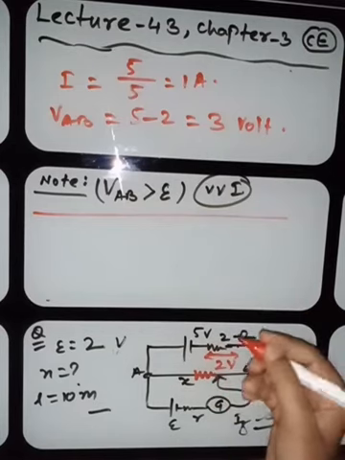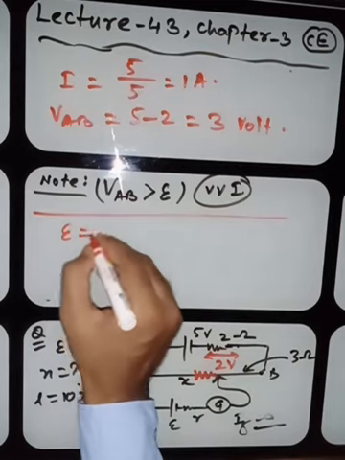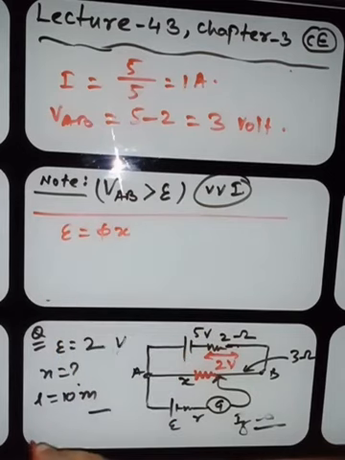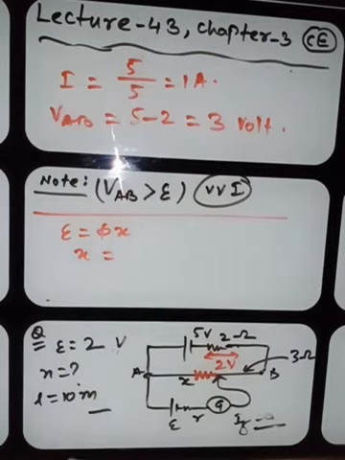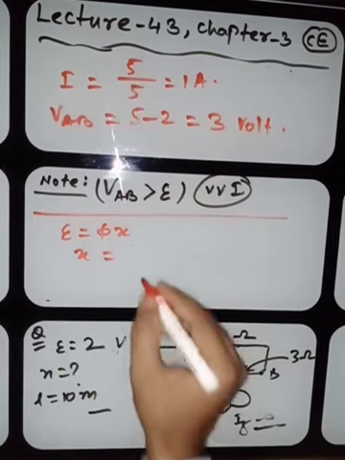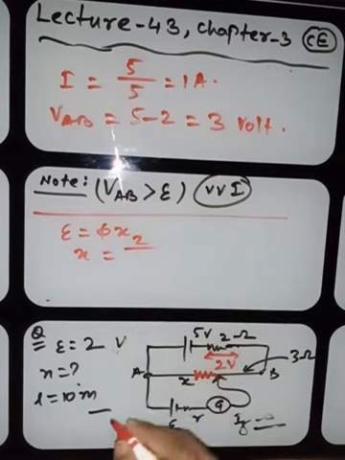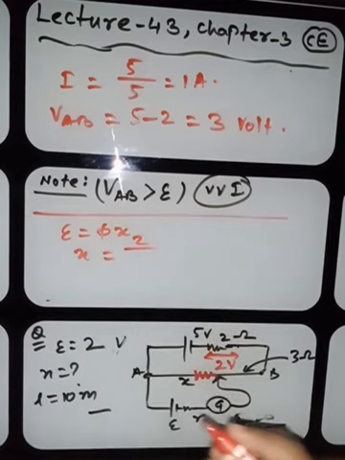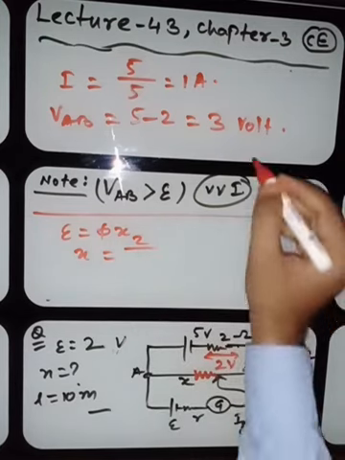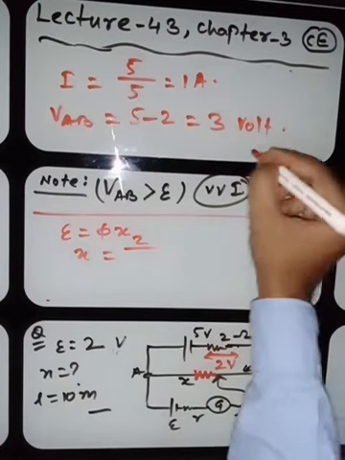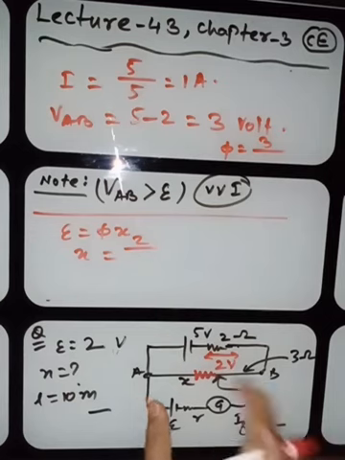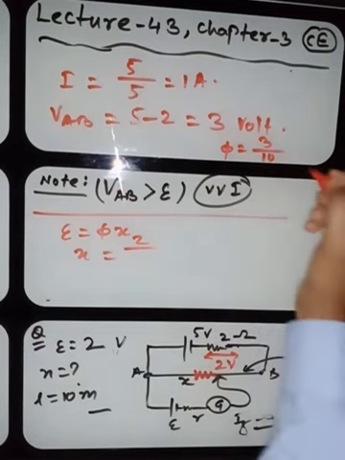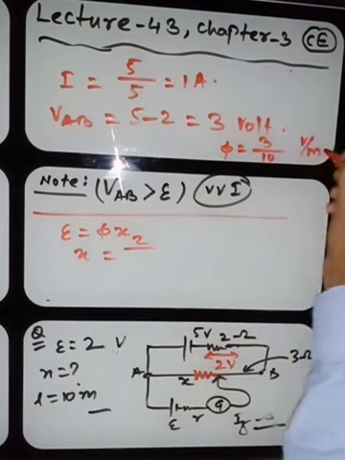Okay, my dear student. So we know that E equals 5 times X. We have to find the value of X, and E is 2 volt. Divide by 5. What was the 5 here? The 3 volt across AB, so the 5 is 3 by 10 volt per meter.